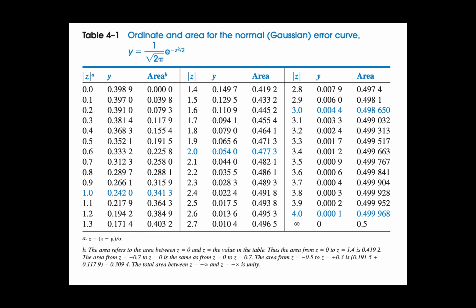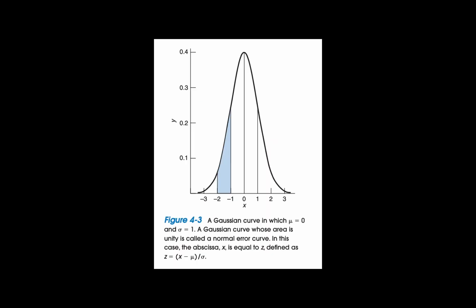The first thing that I want you to notice here is that this curve says that it's the normal Gaussian error curve. That means that the whole area for the entire function is set as equal to 1. And that the z value of 0 means that we're right in the middle of our curve at x equal to 0.